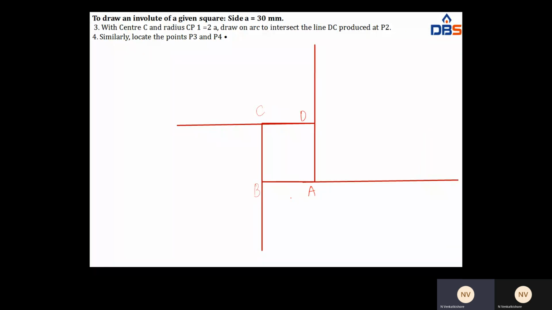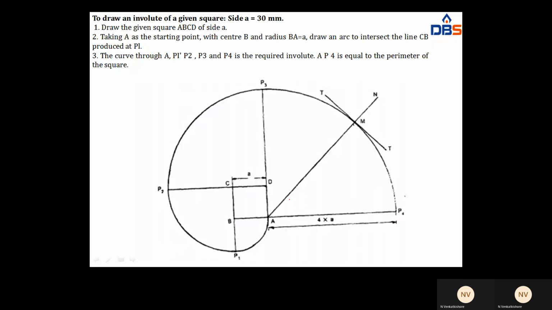So the diagram will look like this. See here, just the starting point A you kept aside, and B as a center, BA as a radius, draw P1, and then CP1 distance, we get the point P2.